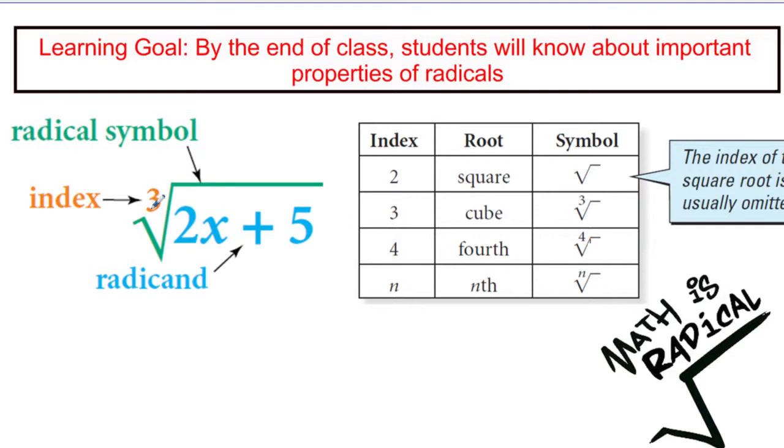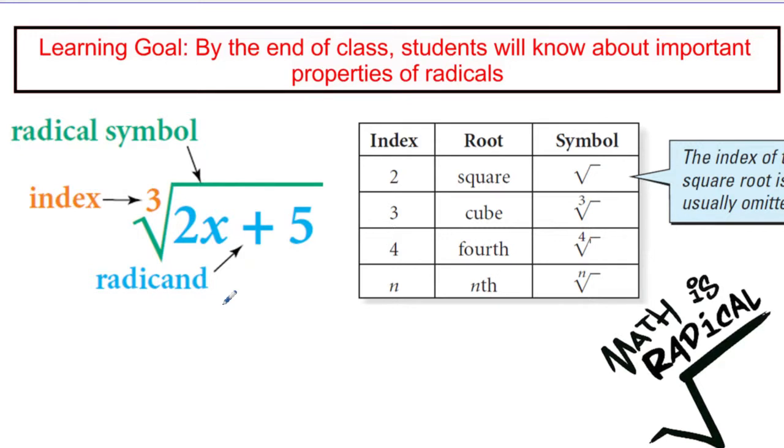The radical symbol is that little check mark symbol that we've been using for square roots. The thing underneath the radical we call a radicand, so that's something that we know. Now we have this new thing called an index number. What the index number does is make the radical mean something different if we change the number. It's still the same concept, but we can change the idea slightly.